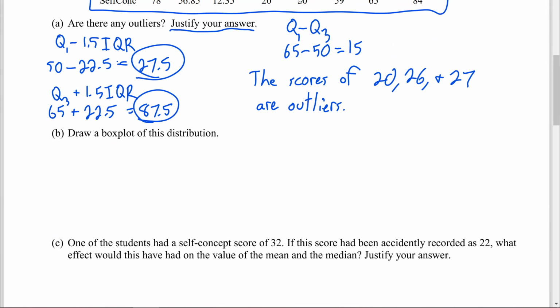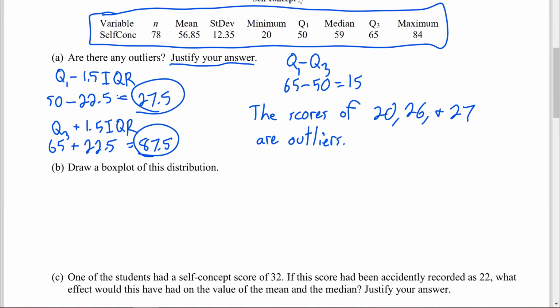Drawing a box plot of that distribution, well, I've got a median of 59. 59 is going to be, 65 is a little closer than 50 to 59. And then my max goes out to 84, which is like 20.